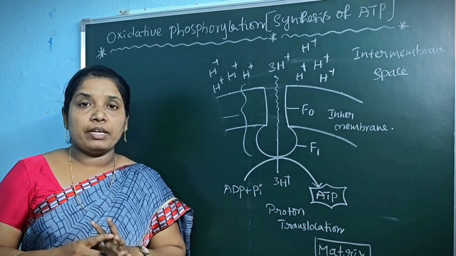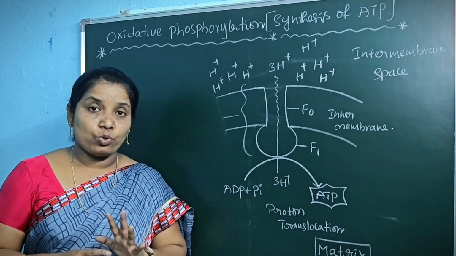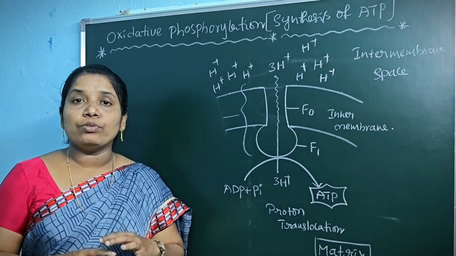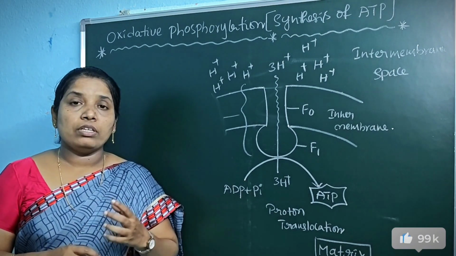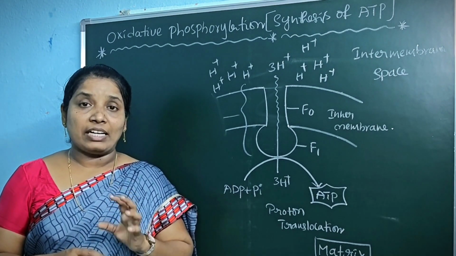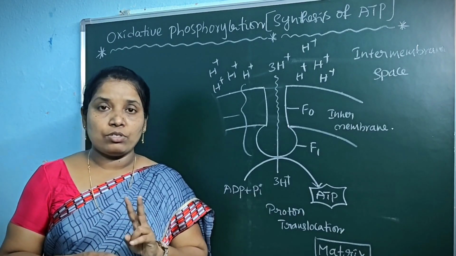In aerobic respiration, the NADH produced in the cytoplasm through glycolysis does not enter directly into the matrix. Their electrons are transferred through special shuttle systems. There are 2 shuttle systems you need to know.